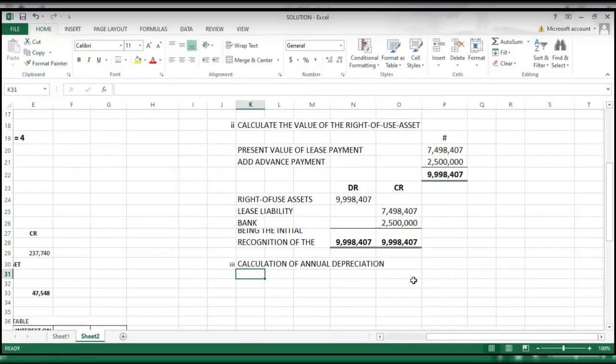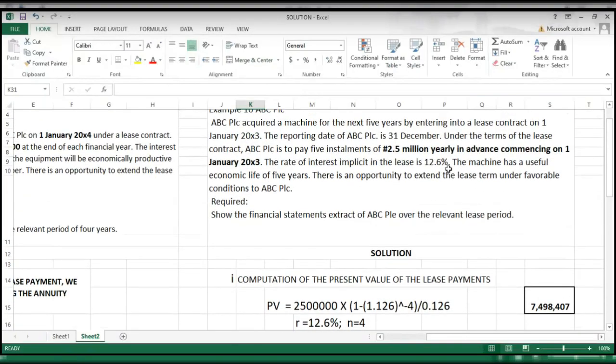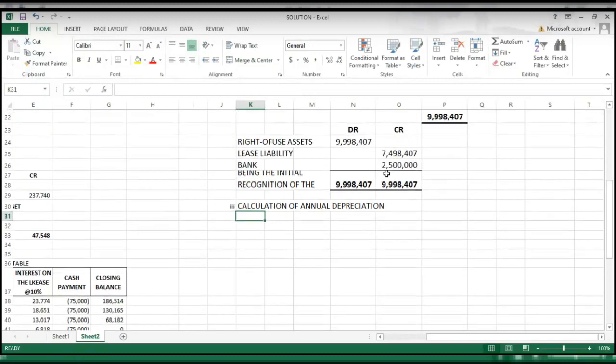The question told us that the asset will be economically useful for how long? The machine has a useful economic life of 5 years. So the right of use asset will be depreciated over 5 years. That is, this amount will be depreciated over 5 years. So annual depreciation will be this amount here, which is the value of the right of use asset, divided by 5, the 5 years that the asset will be used.